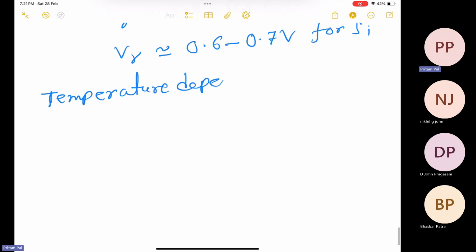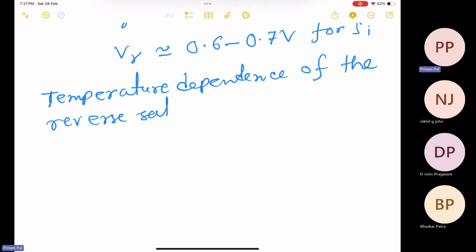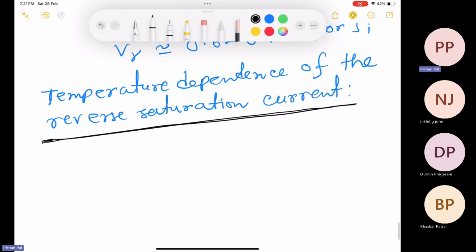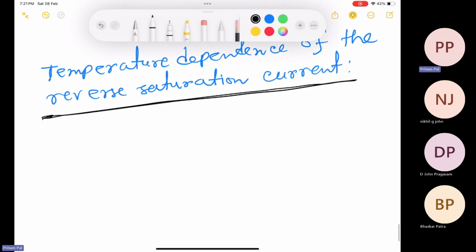I'm just doing the temperature dependence of the reverse saturation current, which is I naught. How does I naught generally depend upon the temperature?